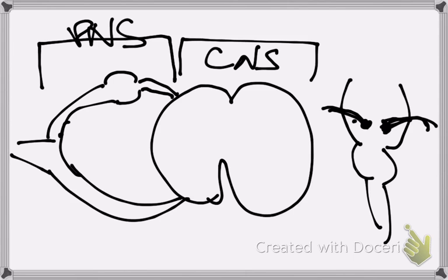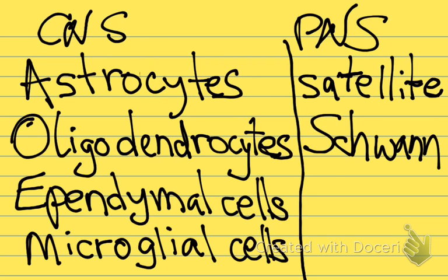The ganglia, the swellings on the nerves, are PNS. Okay? Brain and spinal cord are CNS, and that's all there is. So if we go back to our list, where do we find astrocytes, oligodendrocytes, ependymal cells, and microglial cells? Brain and spinal cord.